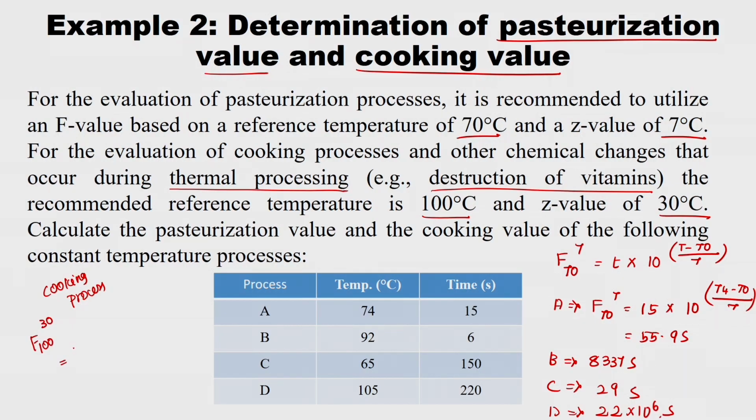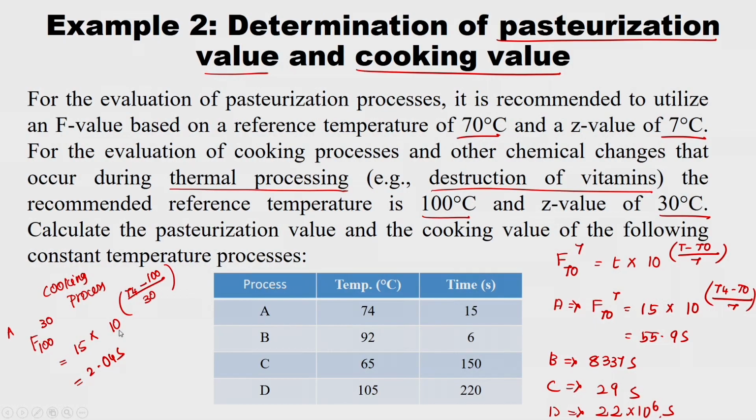So, t is 15 for process A, into 10 to the power of (74 minus 100) divided by 30, right. So, you calculate 0.7. Like this you calculate for the different processes A, B, C, D, then compare from the microbial destruction, that is the pasteurization, and the cooking value.